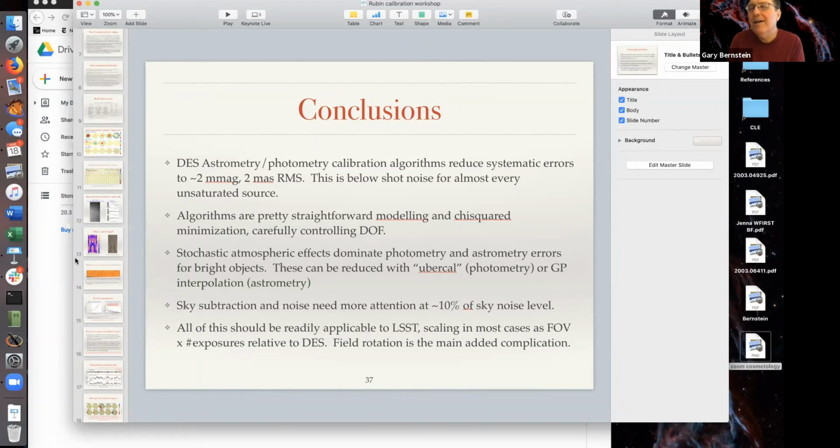We could do that at the level of an actual physical atmospheric model, like the water vapor content. I think last I heard, the FGCM, which is the global thing, let the atmospheric parameters change maybe linearly during a night, but maybe we could try to be more flexible with that.